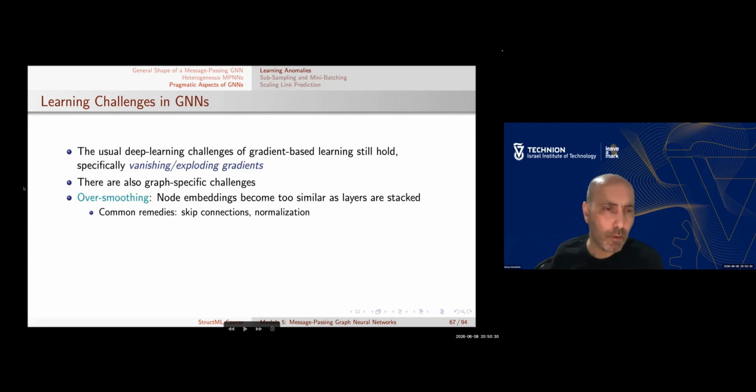One is called oversmoothing, and it is due to the fact that we are basically aggregating a lot of information in our GNN functions.